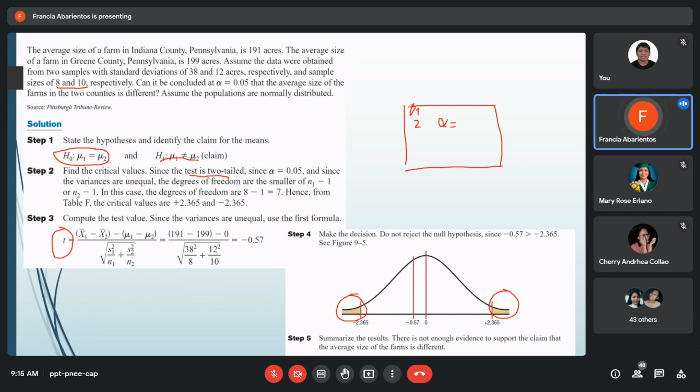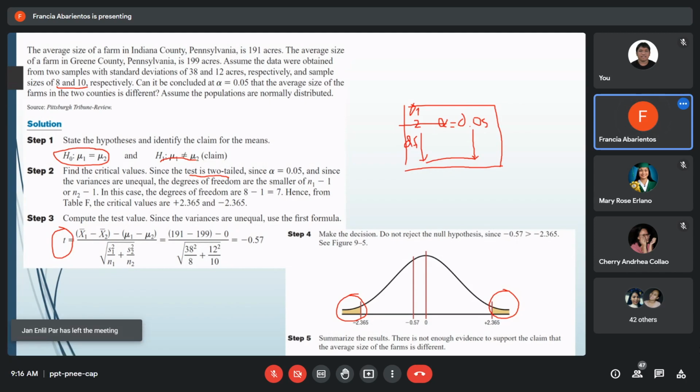Given sa'yo 0.05, pupunta ka doon sa two-tailed at 0.05. Yung degree of freedom, pababa na, DF. Kung saan sila nag-meet, that is now your test value, or yung critical values natin.